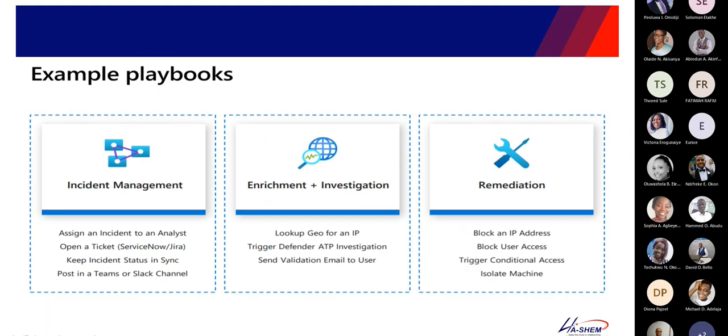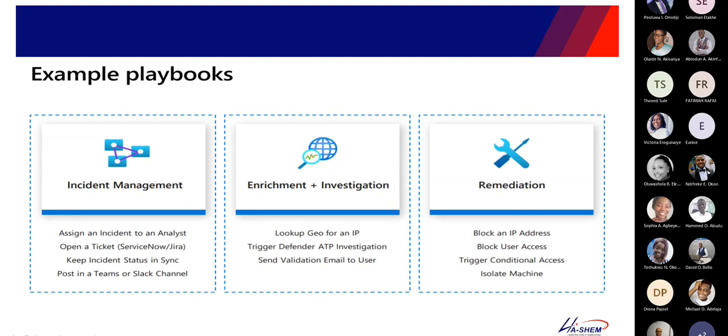There are different types of playbooks in Azure Sentinel. There's a playbook that handles your incident management, and there's a playbook that comprises enrichment and investigation, meaning you are able to use it for your investigation and get a deep knowledge of what the issue is.